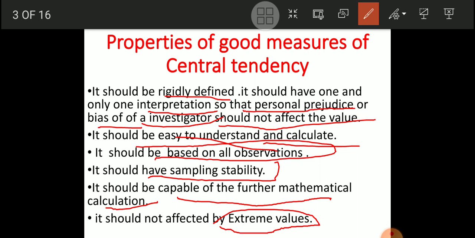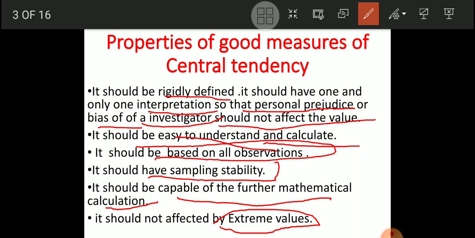So we are not able to give justice to each and every one. Suppose the average height comes to only 4 or 4.5, and 3 students are above 6 or 6.5 feet in height. So there is no justice given to that.